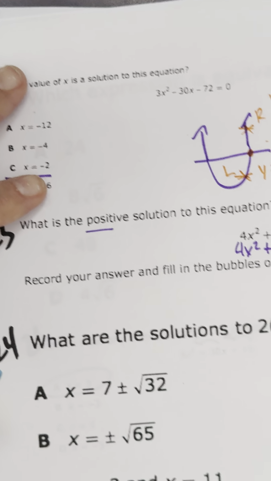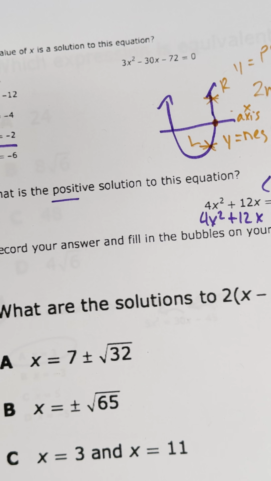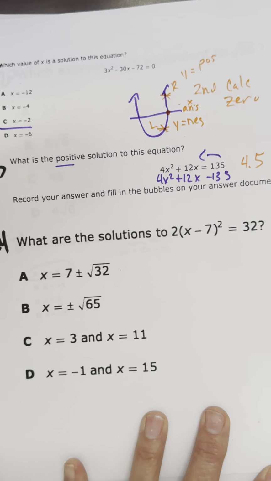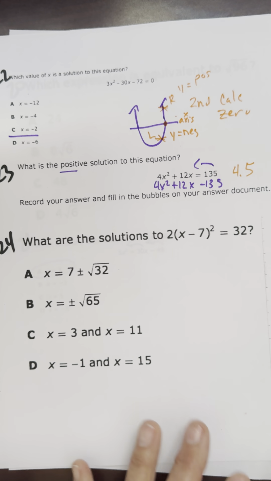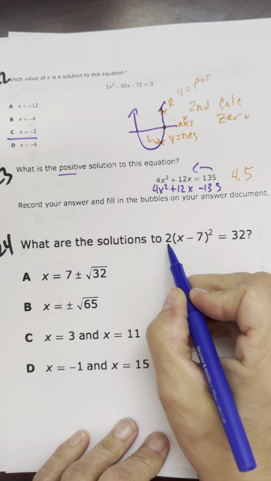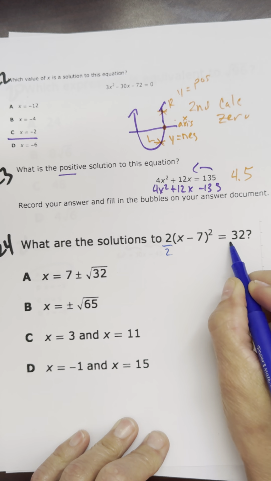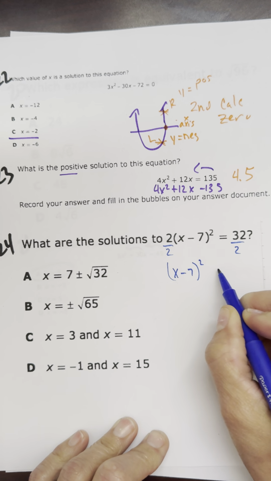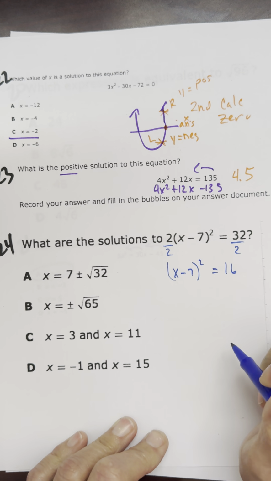Number 24. So we did all that completing the square to be able to do number 24. So let's do 24 by hand real quick, and then I'll show you that it's super easy in the calculator. So the opposite of multiplying by 2 is dividing. So you have x minus 7 squared equals 16.